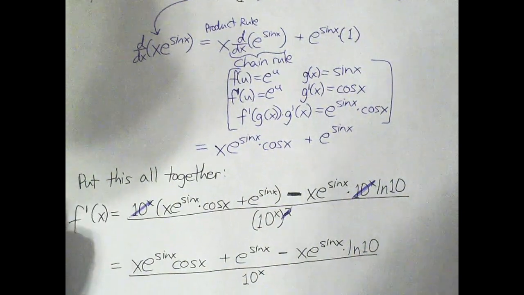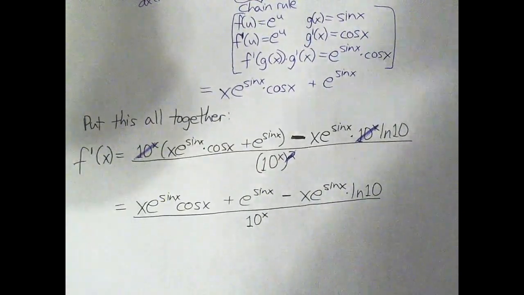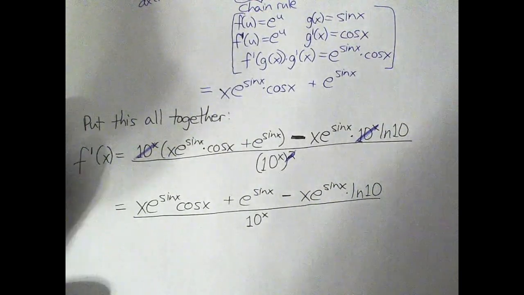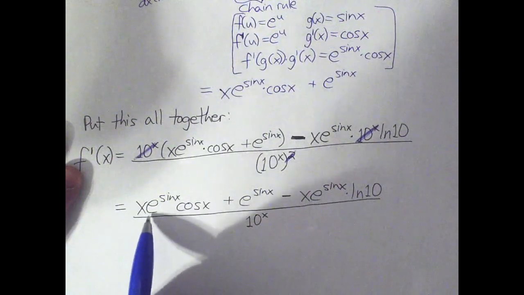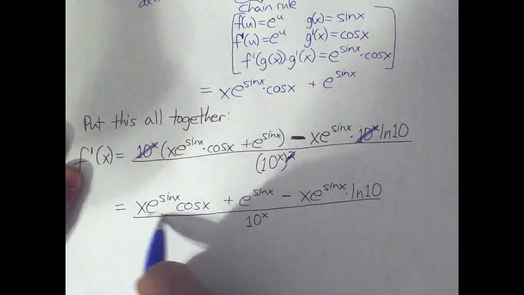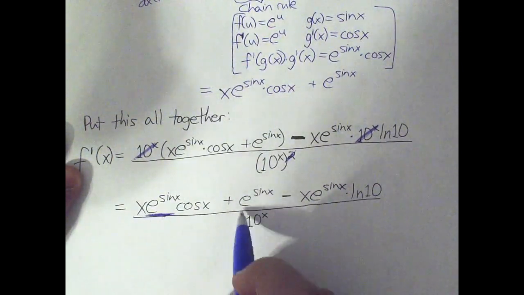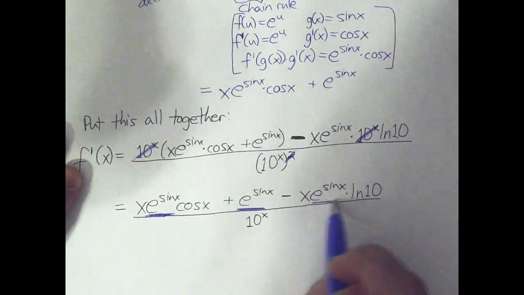I think I'm going to do one more thing. The one more thing that I want to do is I notice that every term in the numerator involves this e to the sine x, e to the sine x, e to the sine x.